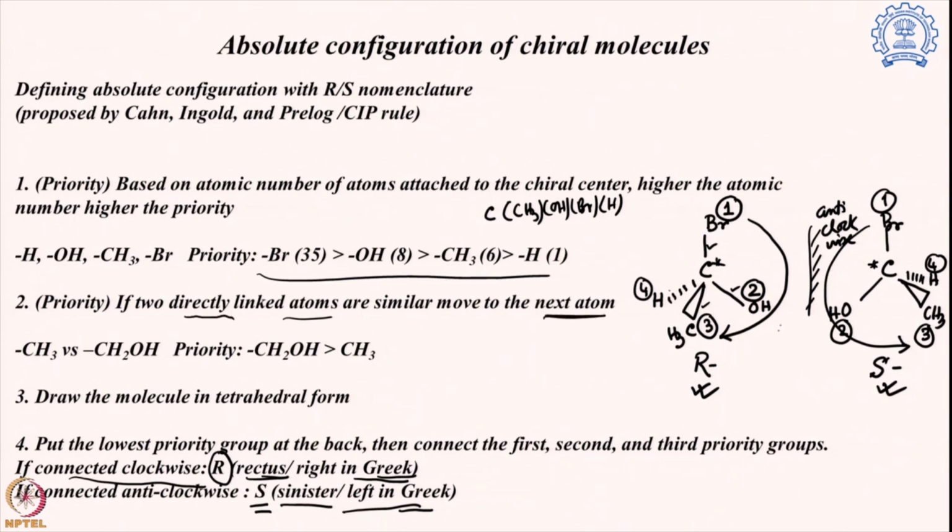Then draw the molecule in the tetrahedral orientation like this, put number 4, the least priority group, at the back, and then connect 1, 2 and 3. If it is a clockwise connection, it is R. If it is a left hand connection, it is S. By that, we can define the absolute configuration of the molecule.